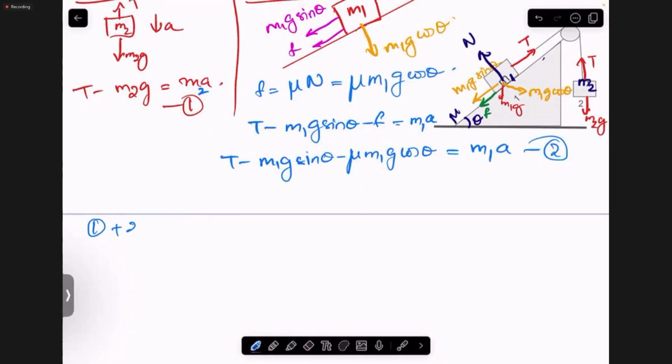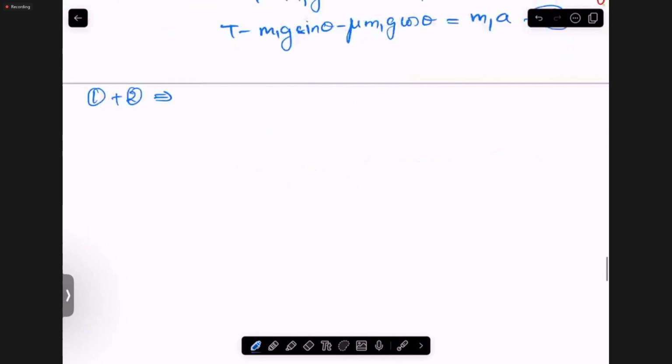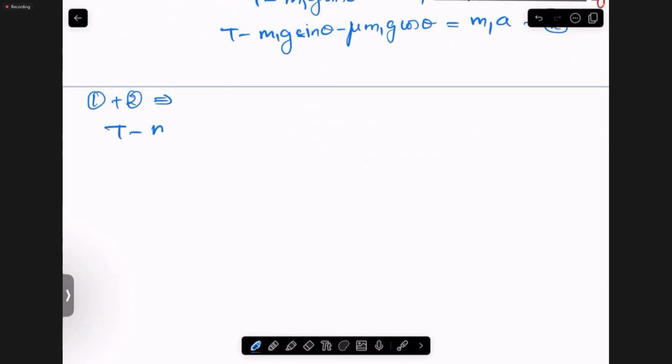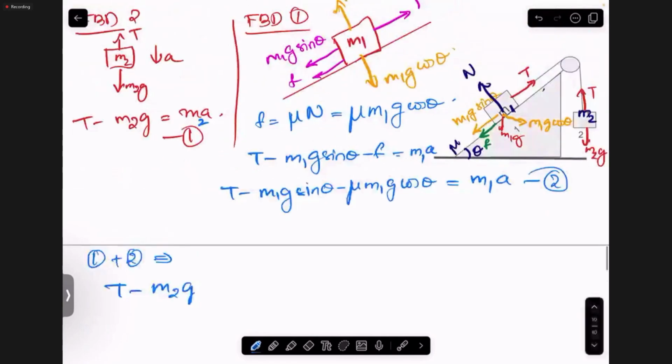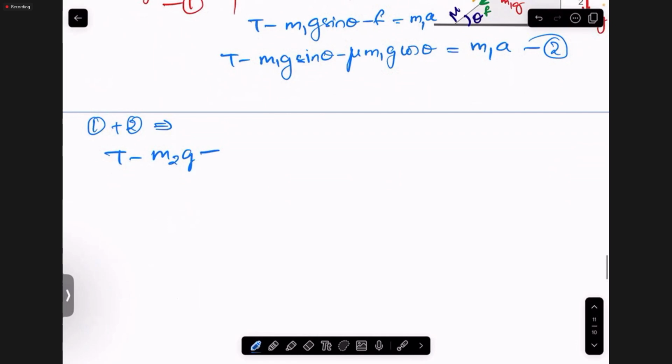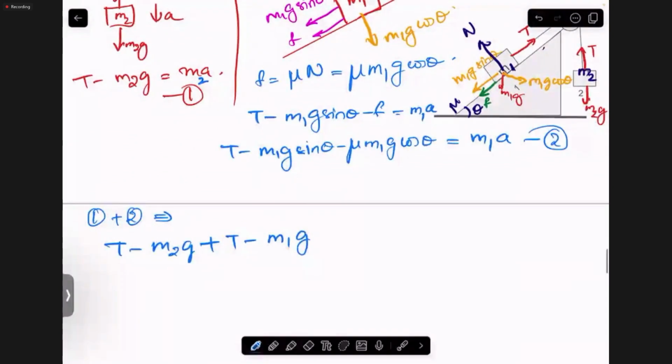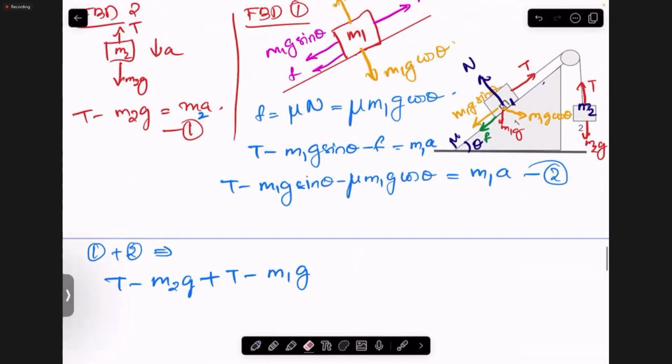Now, equation 1 plus equation 2 will give you T minus M2G plus T minus M1G sin theta... Wait. So there's a slight mistake over here. So M2G is larger here.